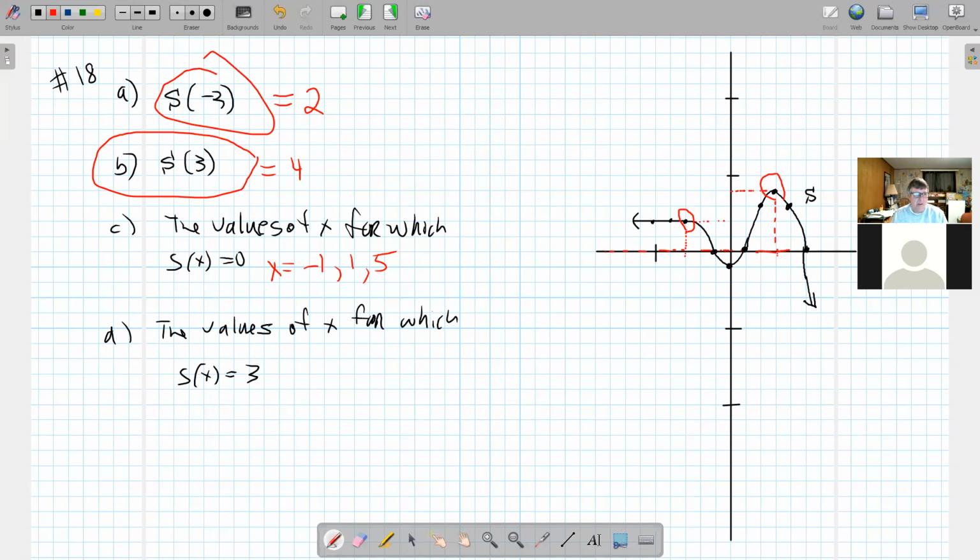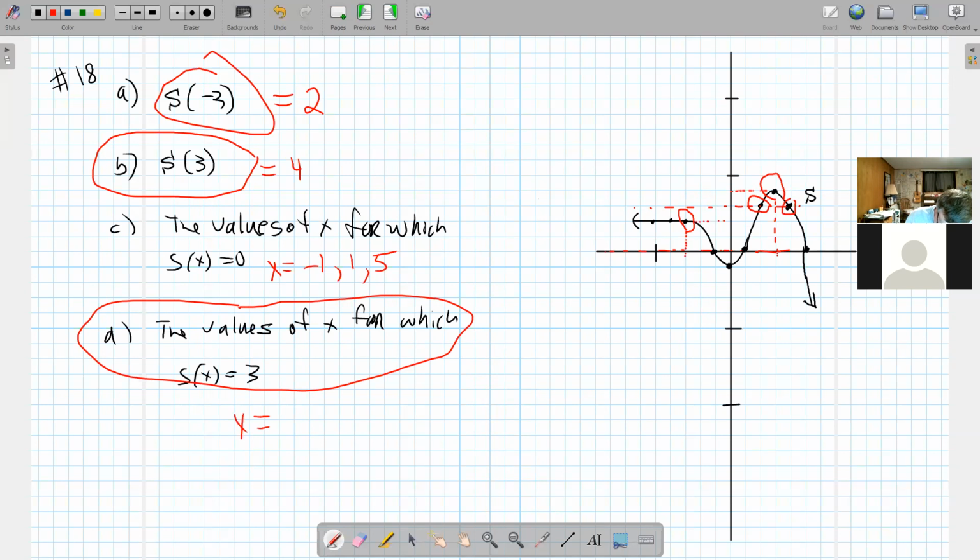All right. The values of x for which s of x equals 3. Well, s of x equals 3 is right there. So x would be 2 and 4. Questions on that one?